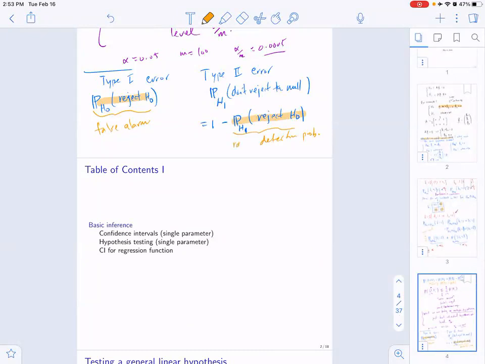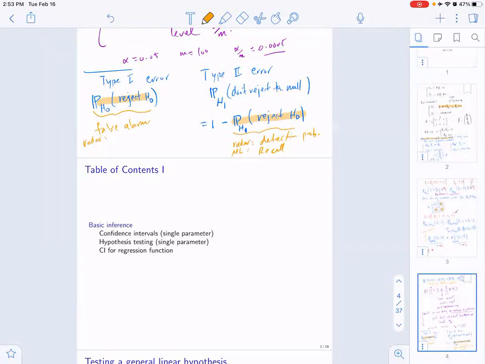It's like radar terminology. In machine learning classification, this is called recall. You can Google it if you have seen classification problems.